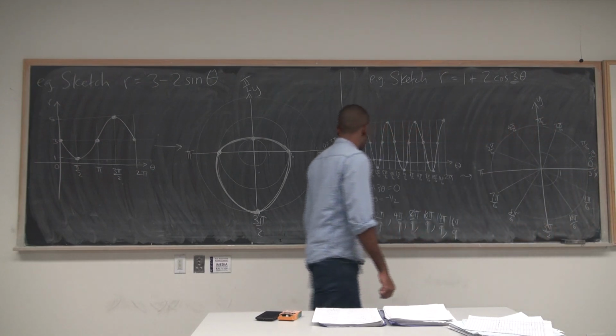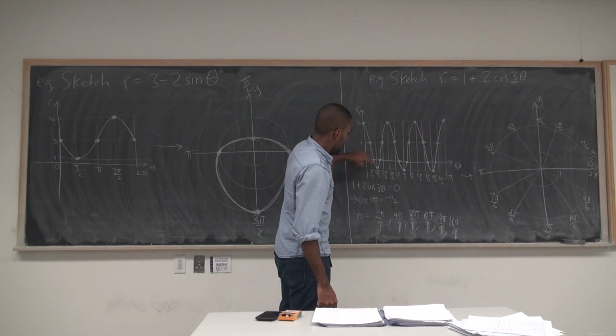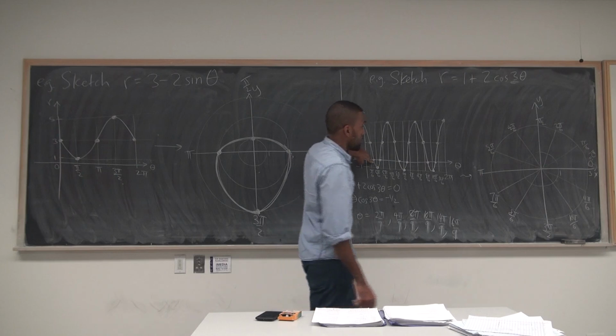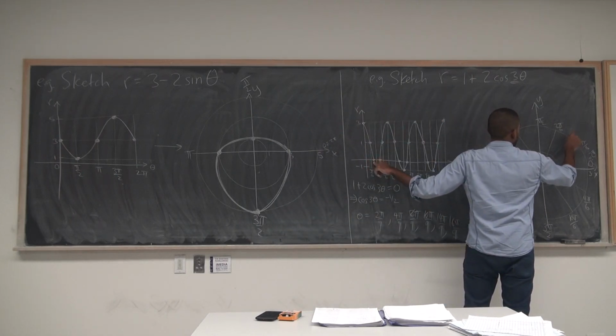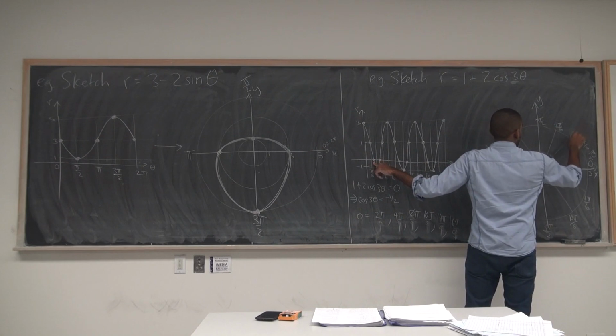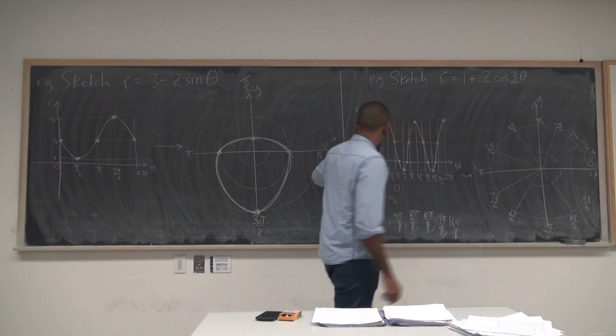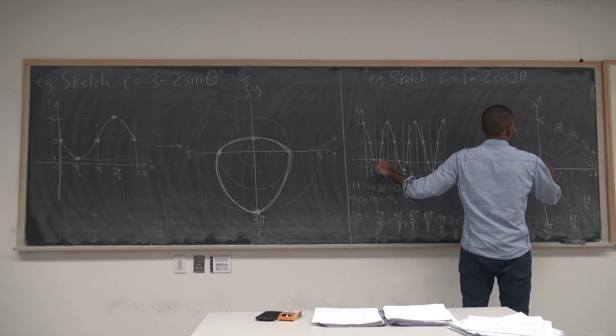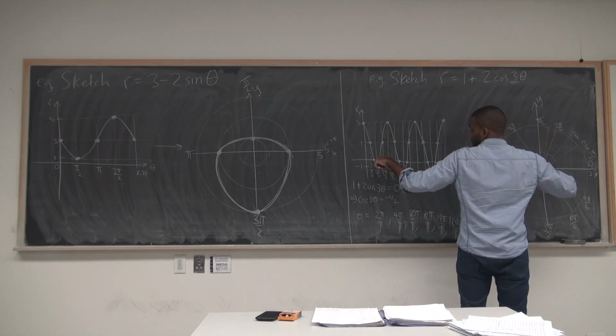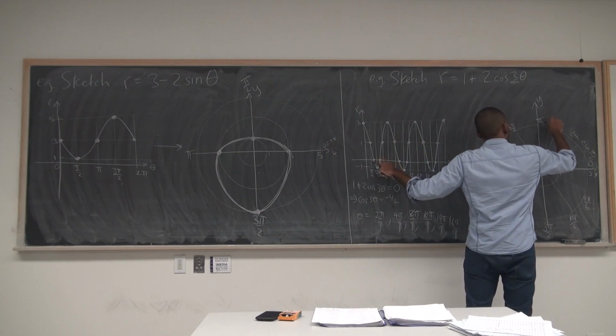My zeros occur where? There's one between pi over 6 and 2 pi over 6. So there's one here. That is 2 pi over 9. There's another one between 2 pi over 6 and 3 pi over 6. So that's here. That one is 4 pi over 9.